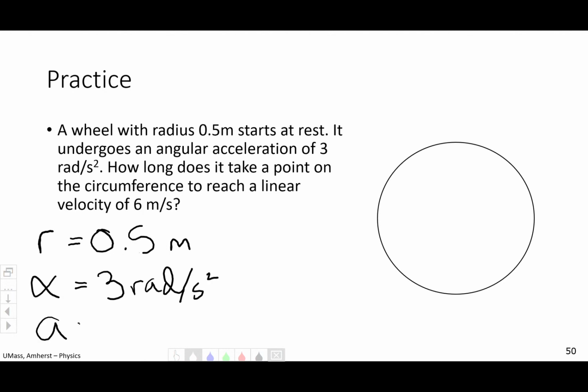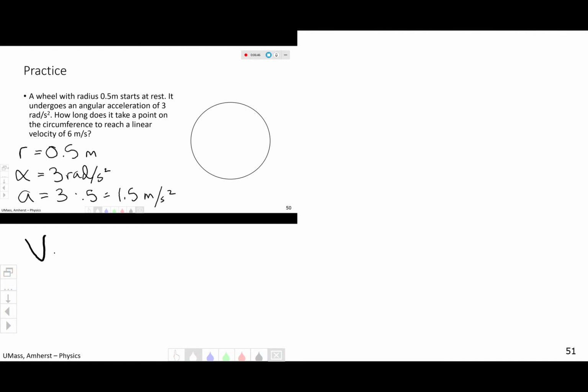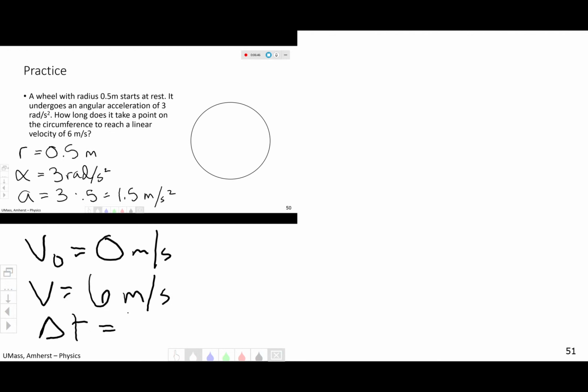So that means that the linear acceleration is 3 times 0.5, giving us 1.5, sorry, not radians per second, meters per second squared. We start from rest, meaning our v0 is 0 meters per second. We want to know the velocity, which is 6 meters per second. We're asked to find the time.